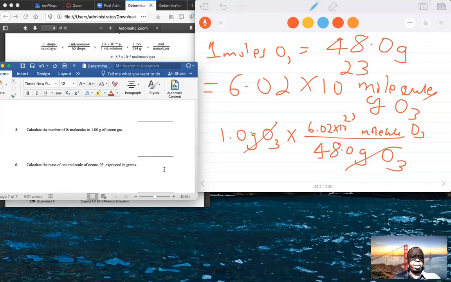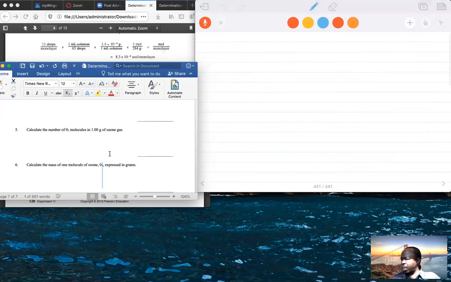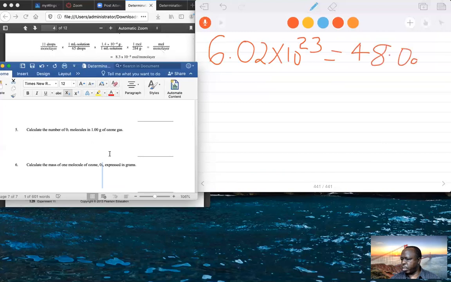And then lastly here is calculate the mass of 1 molecule of ozone, expressed in grams. Again, this is ozone. This is the mass of ozone. What that means is Avogadro number of molecules, 6.02 times 10 raised to 23, weighs 48.0 grams of O3, 3 oxygens.